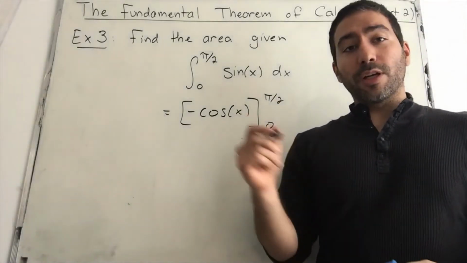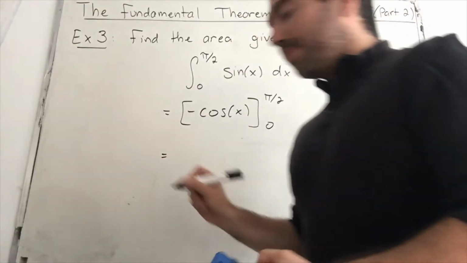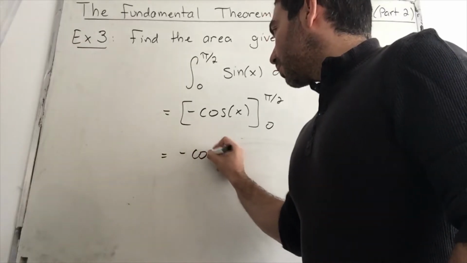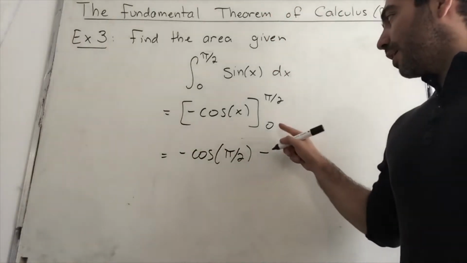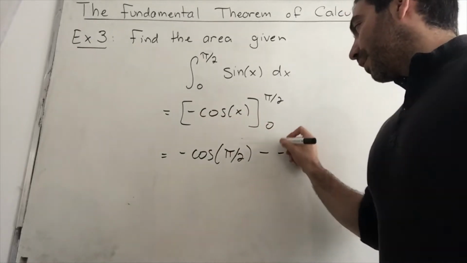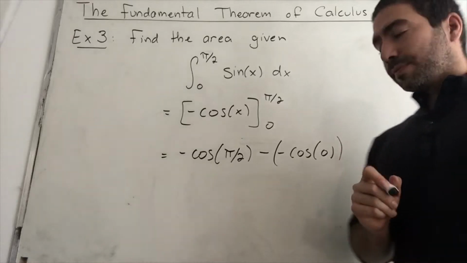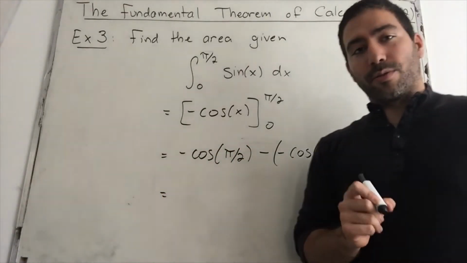Okay, so I'm not going to write f of b minus f of a, but we're just going to apply it. So what's f of b minus f of a? Well, we're doing the upper bound, so minus cos of pi over 2 minus, and then negative, so be careful with negatives, cos of 0. Okay, so what's cos of pi over 2? You have to have your unit circle memorized.